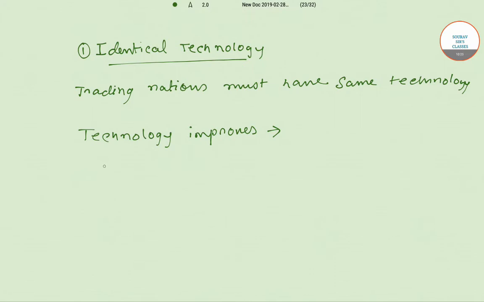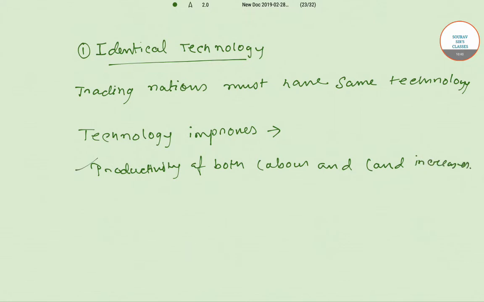So as technology improves, the productivity of both labor and land increases.